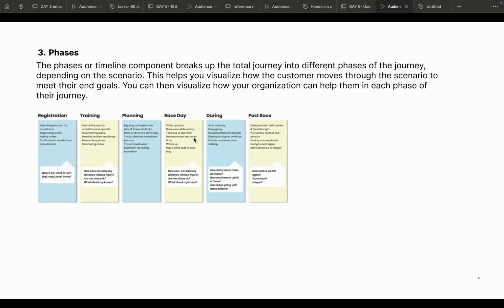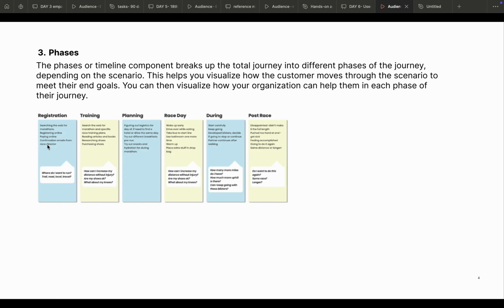What the user is thinking, they have written down over here. First, registration: they are trying to register for the marathon online, and they are making the payment online.